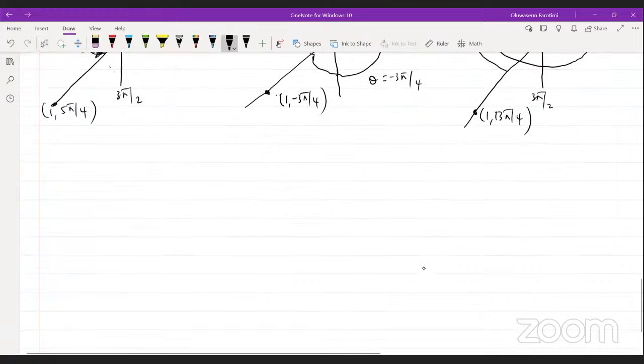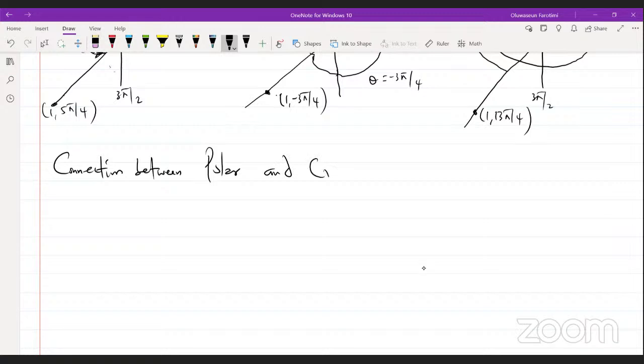So now let's discuss the connection that actually exists between polar and Cartesian coordinates.